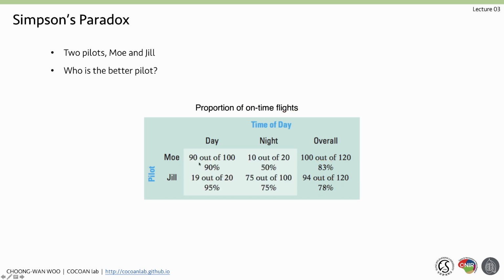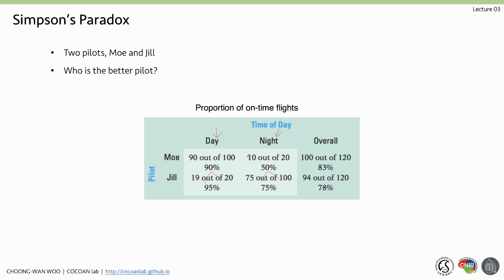But if we see the data for day and night in detail, something interesting happens. Here, Jill had an on-time success rate of 95% for day flights and 75% for night flights, and Mo had 90% for day and 50% for night. So for both kinds of flights, Jill was better, right?